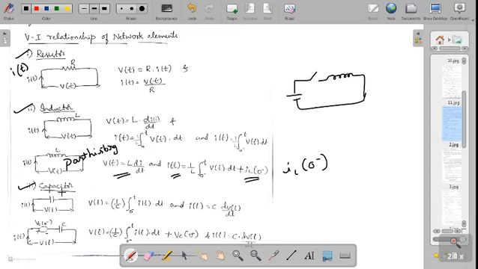So this is regarding the inductor. Now let us consider the capacitor. Again we need to write the voltage equation. The inductor opposes the change in current, whereas the capacitor opposes the change in voltage.